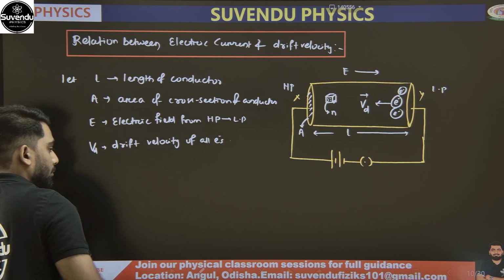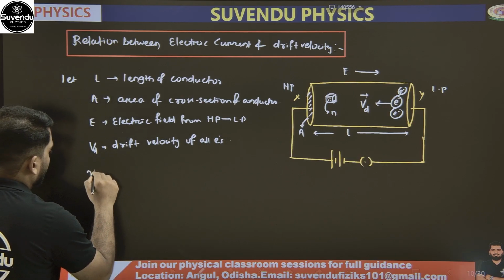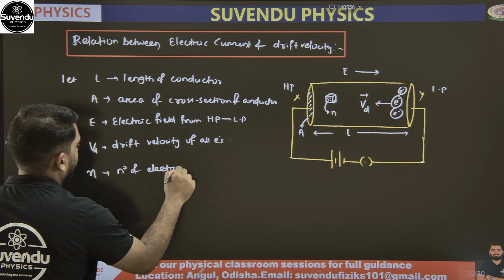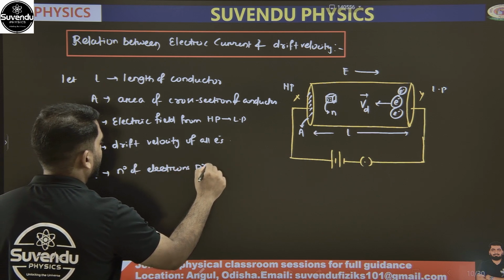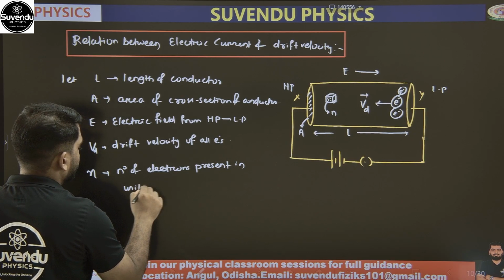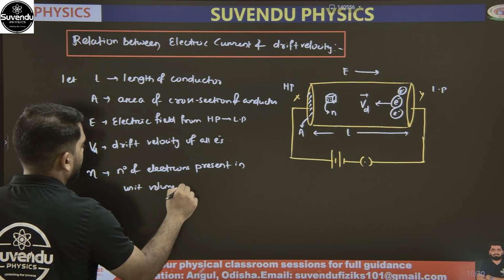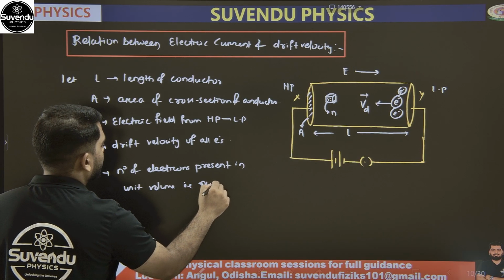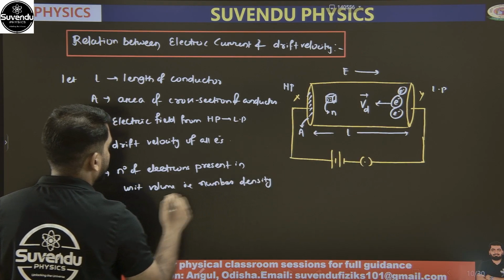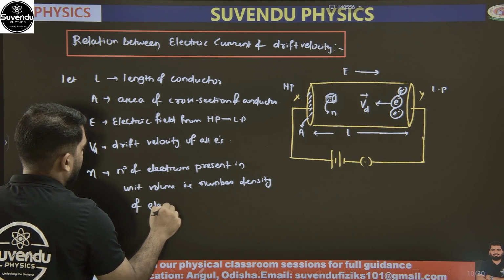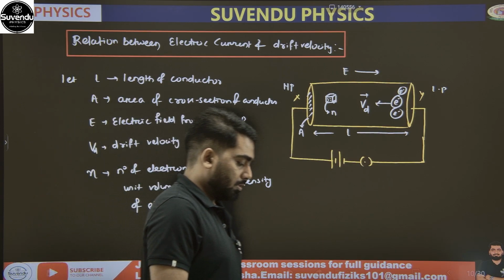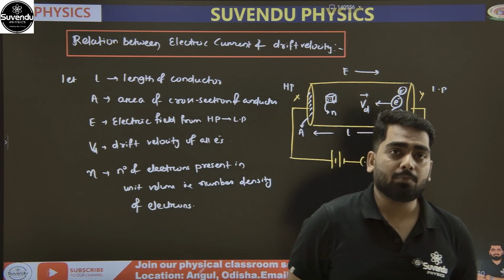It is the average velocity of all the electrons. And let n be the number of electrons present in unit volume, which is termed the number density of electrons, its other name. So now, can you tell what is the volume of the conductor?